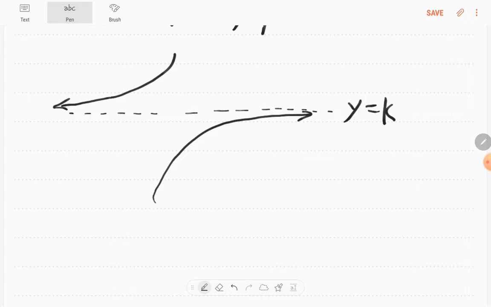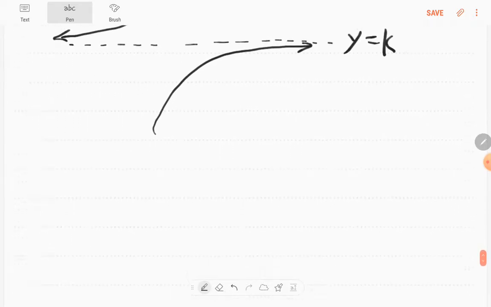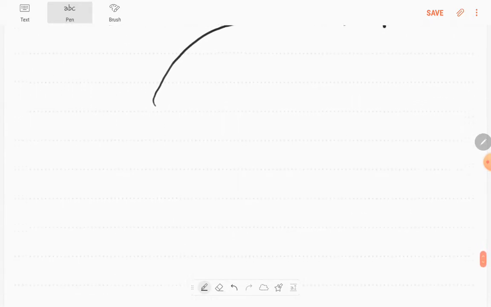So in other words, when x is very large, the curve value would be very close to k. When x is very small, the curve will also be very close to k, right? So this kind of dashed line is called a horizontal asymptote.